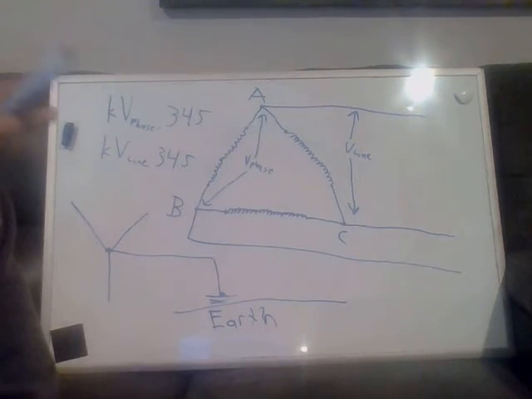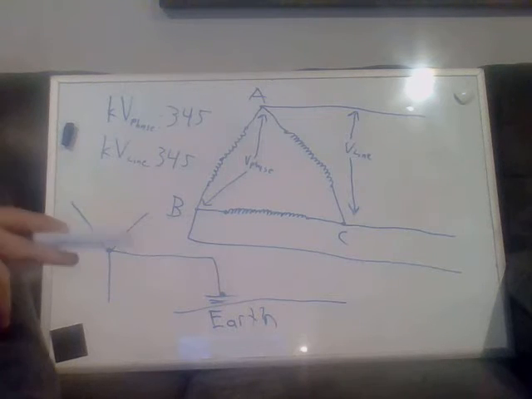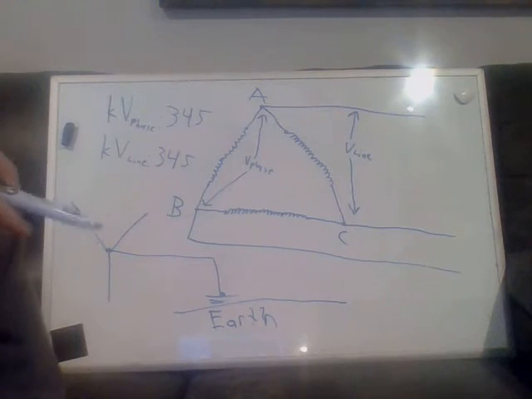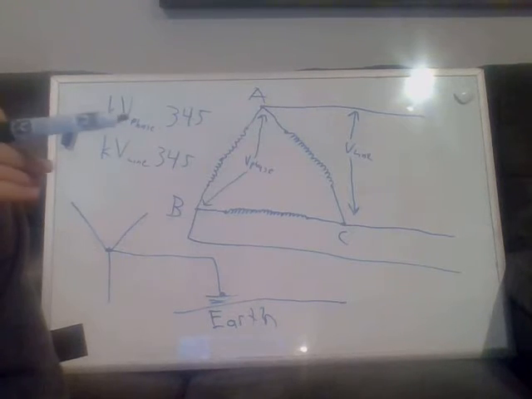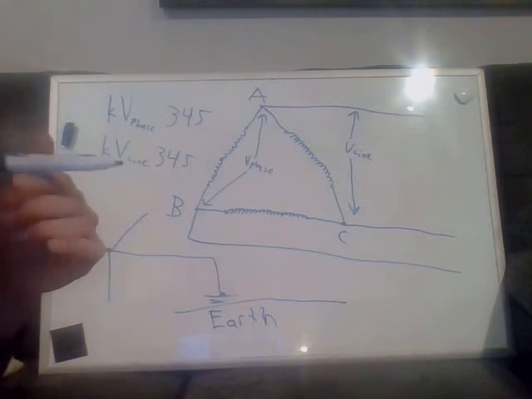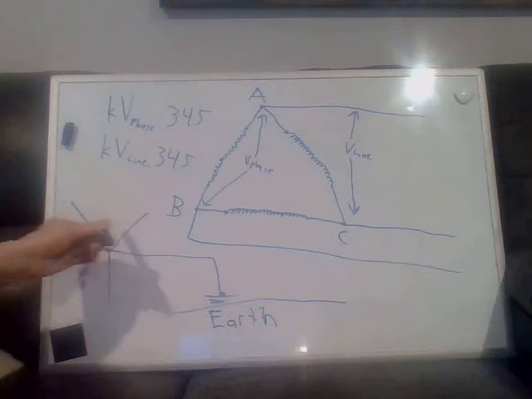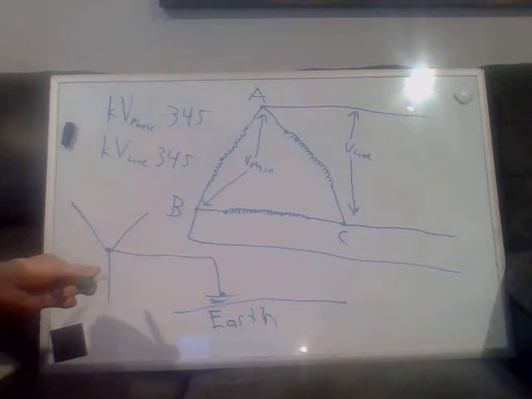Now, an important thing you gotta understand about electricity is that contrary to what you may believe, it is not going to the ground. I don't know who thought of that genius idea, but it's simply false. It's trying to get back to the source, which is one of the phases that it originated from.